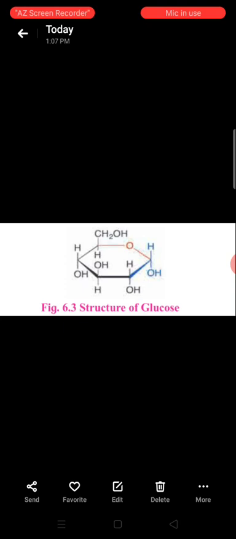These are the simplest sugars, having a crystalline structure and sweet taste, and are soluble in water, but cannot be further hydrolyzed into smaller molecules. They are the building blocks of complex carbohydrates. They have the general molecular formula CH2On, where n can be 3, 4, 5, 6 and 7. They can be classified as trioses, tetroses, pentoses, hexoses, heptoses, etc.